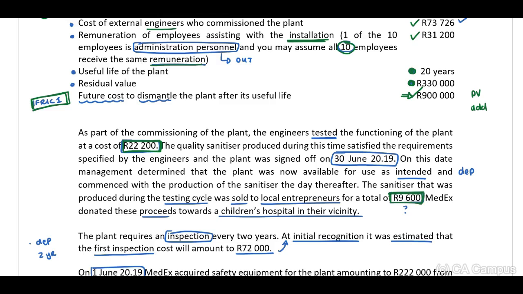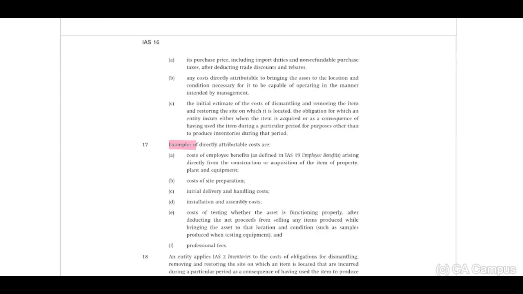Okay, now guys, the testing costs, should this be included? Yes, we need to include this. Again, if you're not sure, you need to refer to your principles. Okay, we need to include this. Paragraph 17E, cost of testing.